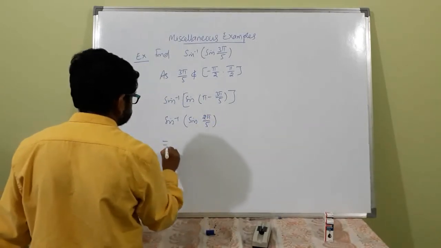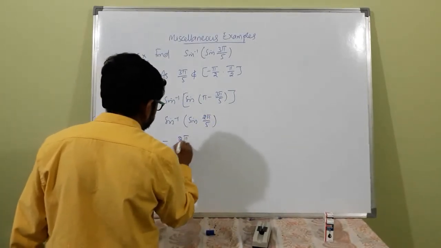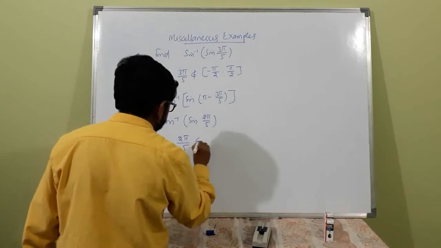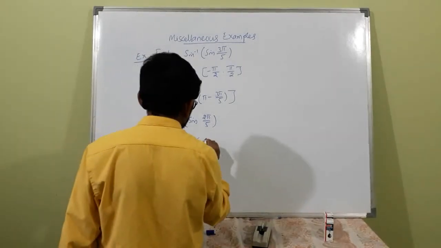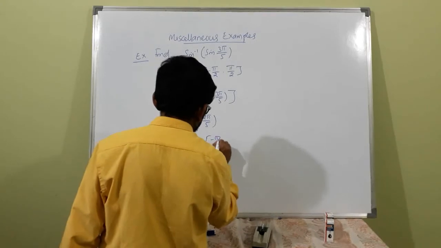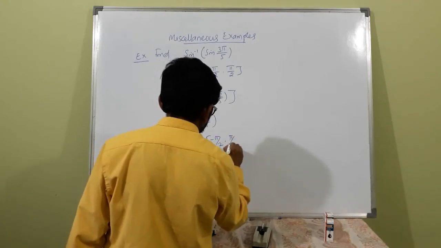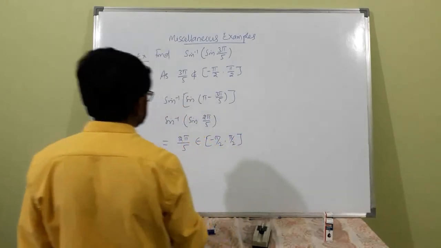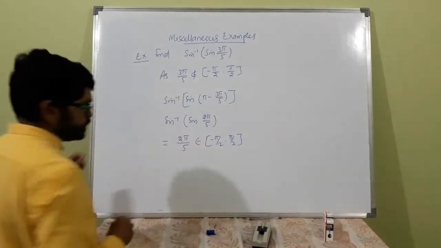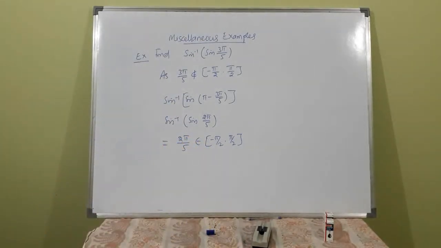So this is equal to 2π by 5, which belongs to minus π by 2 to π by 2. So the answer is 2π by 5.